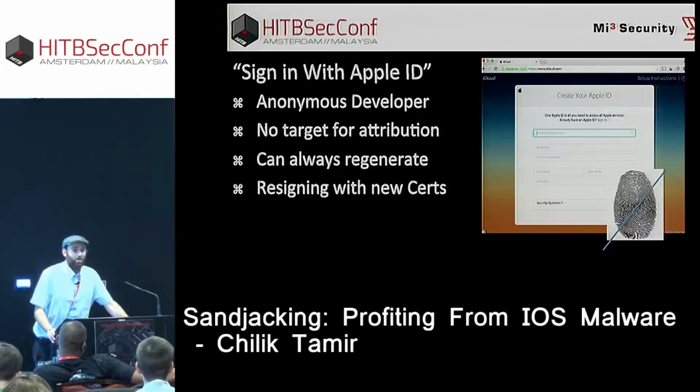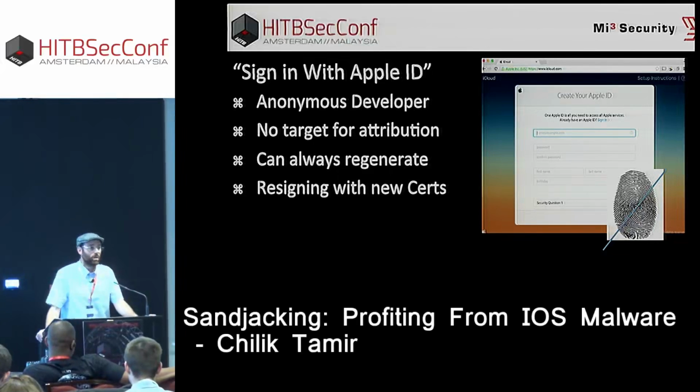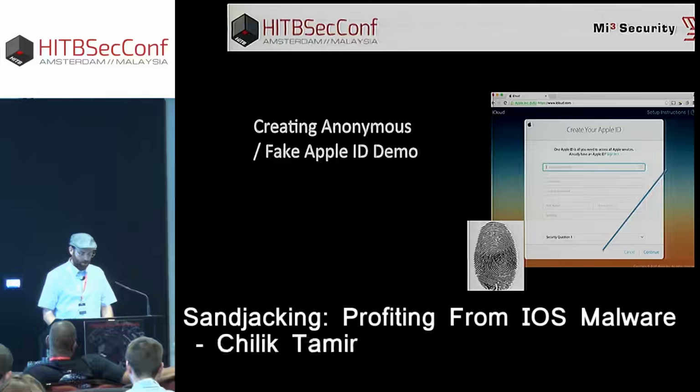And it allows anyone with a valid email to gain access to a certificate that will sign code and cause it to be installable and executable on any unjailbroken iOS device. Sounds very promising, right? Let's see how easy it is to create an anonymous or fake Apple ID.